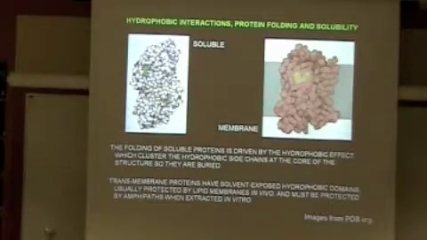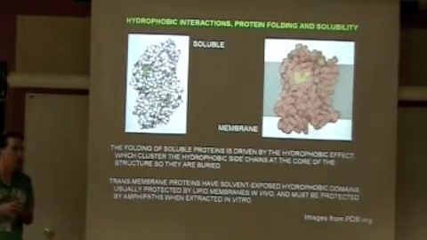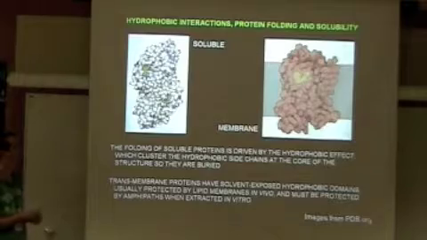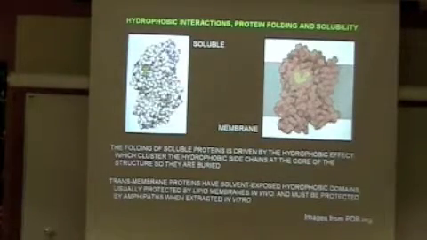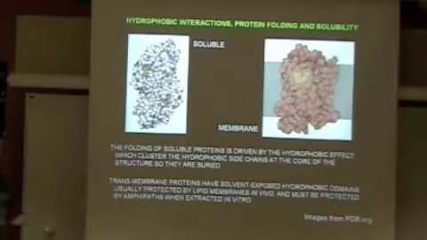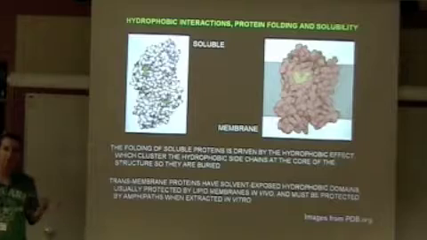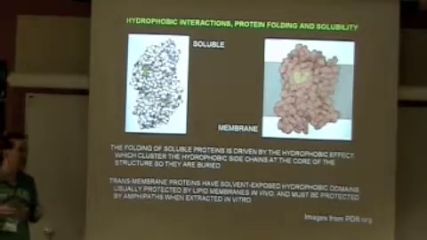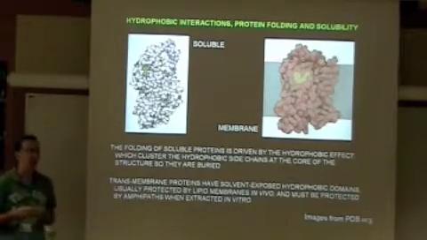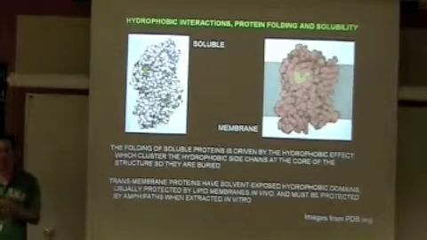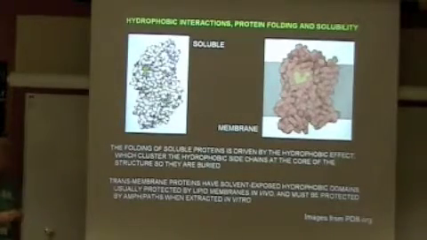But before I get onto that, I'll just talk a little bit more about this hydrophobic effect. In the case of soluble proteins, this hydrophobic effect is the thing that drives the folding of proteins. We have hydrophobic surfaces and hydrophobic residues in our protein, and these tend to be buried on the inside of the protein. This is a really strong driving factor in the folding of proteins, along with things like disulfide bond formation and other characteristics.